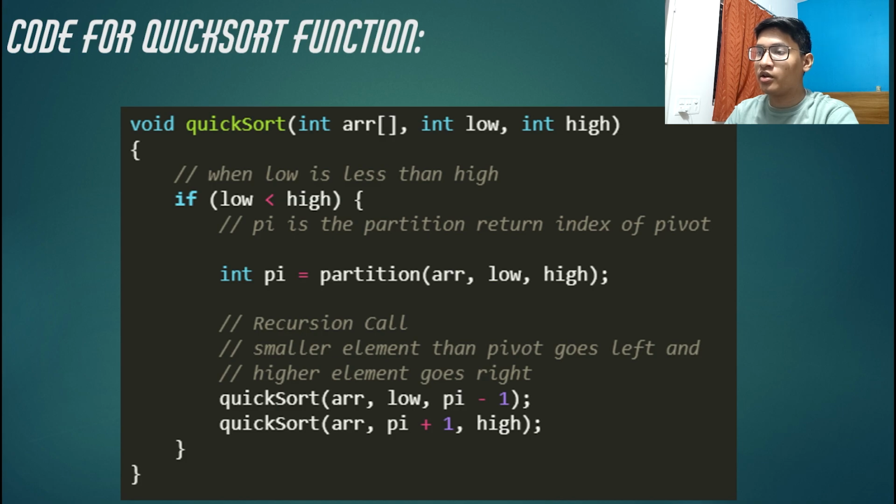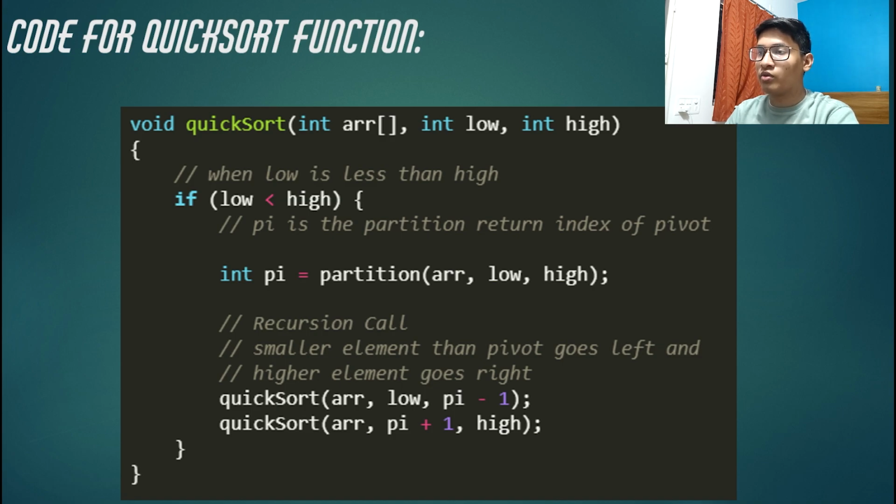If low is less than high, then pi, meaning the pivot index, is equal to partition(arr, low, high). Now we will call this function recursively, first with pi minus 1 as our high, then with pi plus 1 as our low.